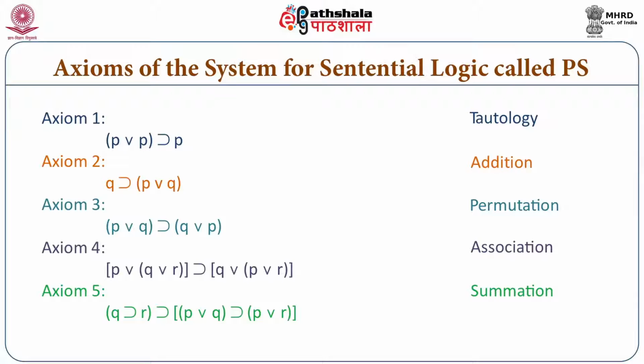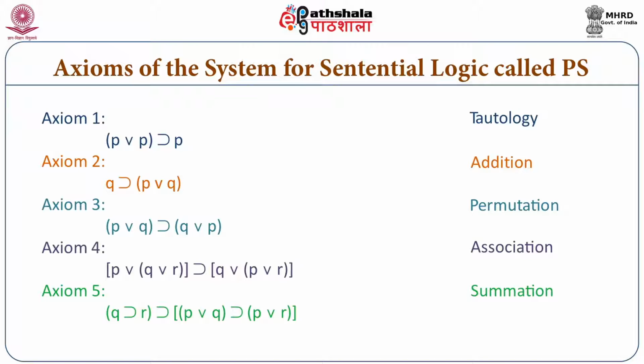So let us quickly see what are some of those important axioms for our axiomatic system. Axiom 1. Either P or P implies P. This is a tautology. Axiom number 2. If Q, then P or Q. This is axiom of addition.